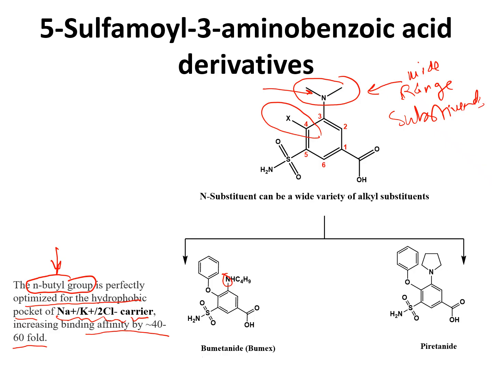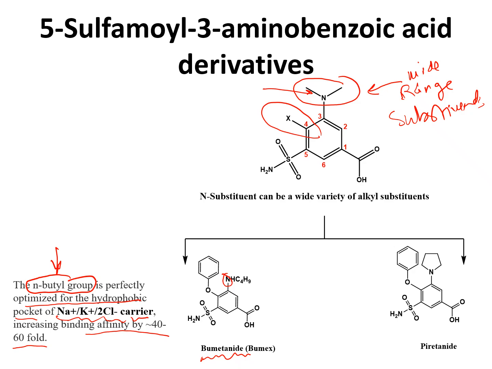So this compound, bumetanide, is at least 40 times more potent in its inhibition. In theory, if you need 1 milligram of bumetanide to inhibit the sodium potassium chloride co-transporters, how many milligrams do you need to inhibit basically the same transporter using furosemide? You need 40 times.